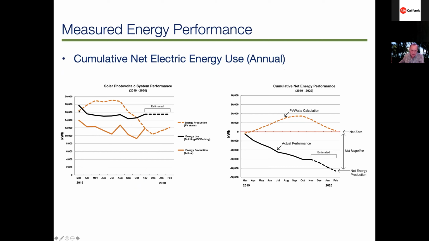Yet when you take a PV Watts calculation, which is just assuming they are collecting all the energy that is really available to them, that's the dashed line. It would have penciled out to net zero. You're producing a lot more in the early time of the year. You're underproducing during the winter months here, but the net area between the use curve and the production curve is larger than this, or just about equal to this. I'll talk about this other chart in just a second.